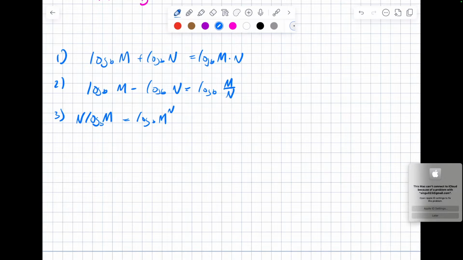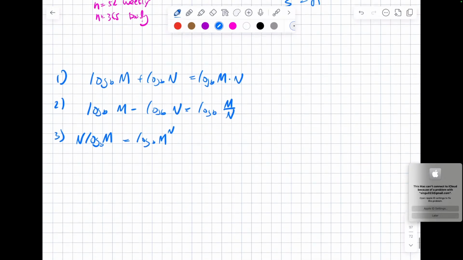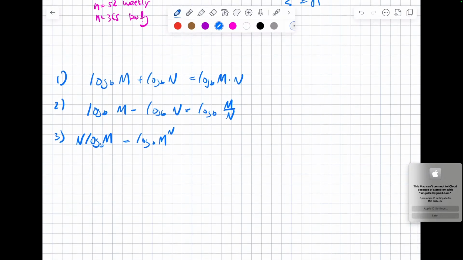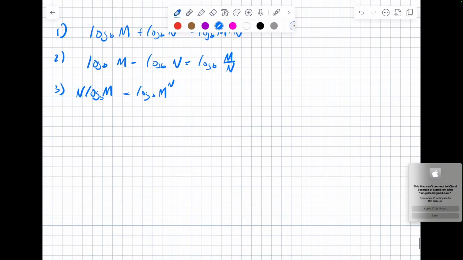We can use them all the time. Now there are other ones as well. The other one is b to the log base b of x is equal to x. Now this one's kind of confusing, but it's not confusing because remember, exponential and log are inverse of each other.